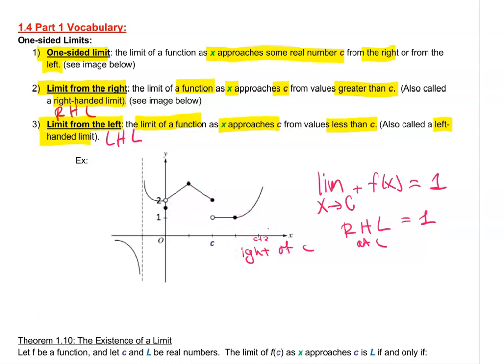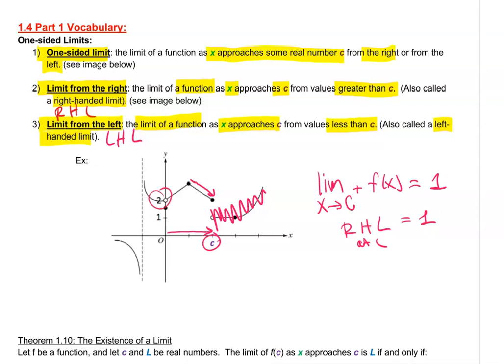Okay, so then we look at the rest of it. The left-hand limit at c: now we're looking as x is approaching c on the left-hand side, so values of x that are less than c. We ignore everything greater than c, we're only looking at less than c, and we say, as the values of x on the left approach c, it looks like my y value wants to be at 2.